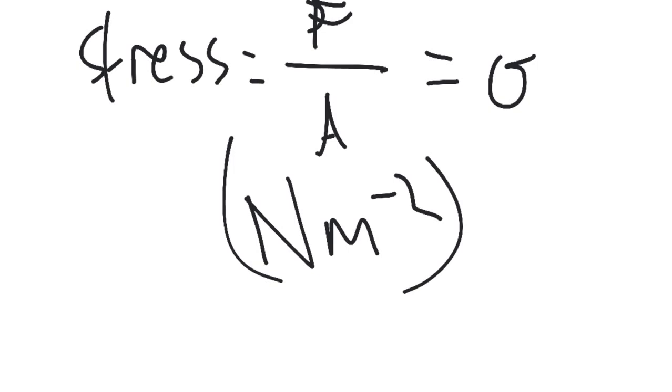Next port of call is the strain equation. Strain is the extension over the original length. Now, be very careful. The original length is always where it started, and the extension is the difference between the new length and the old length.